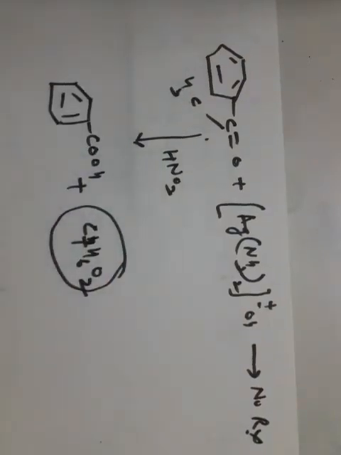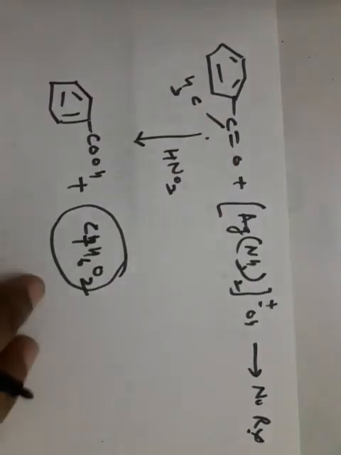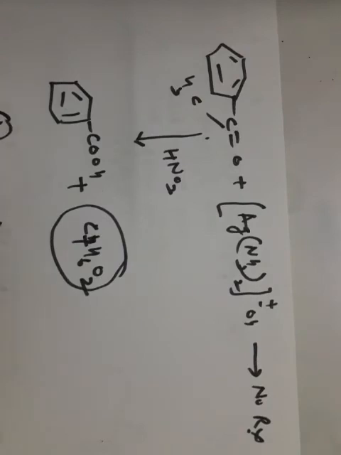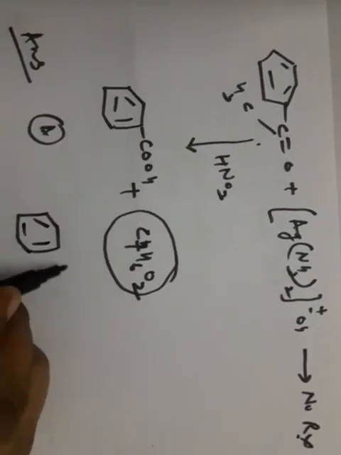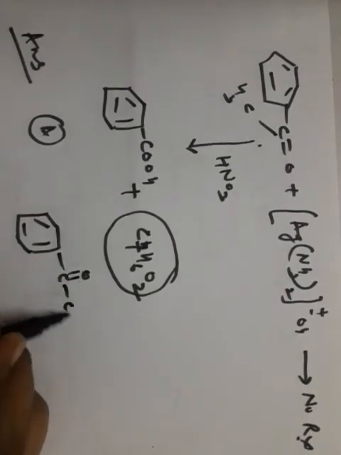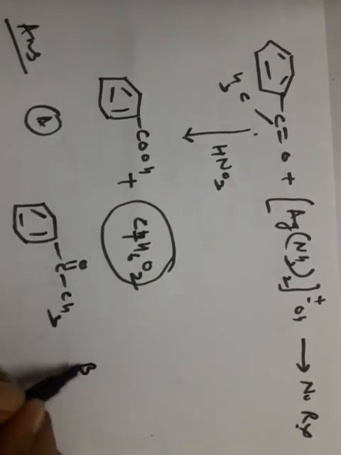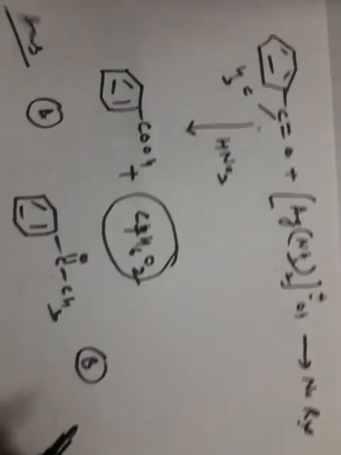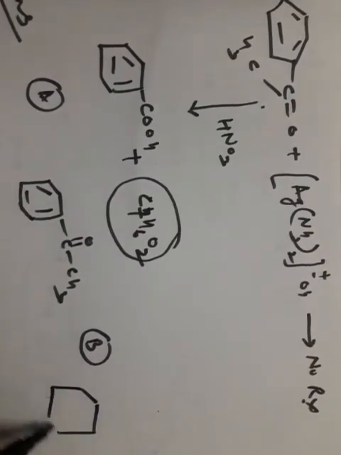So when we are giving the answer, this is the part of the reaction. Now compound A is acetophenone and compound B is benzoic acid.